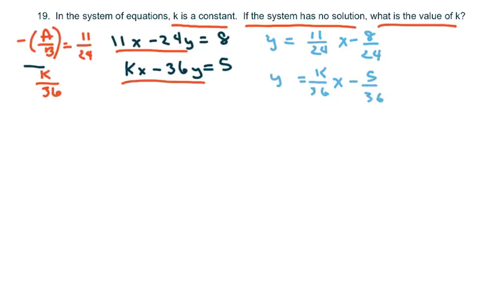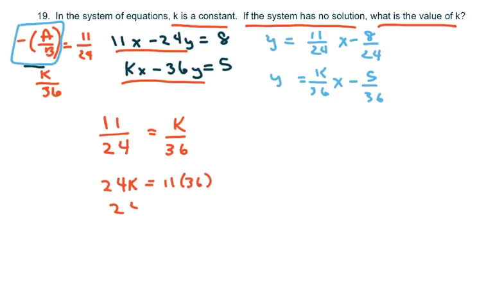If you can remember this formula for the slope of equations in standard form, it makes it easier. Anyway, we want these two slopes to be the same. So I'm going to set them equal and cross multiply. You get 11 over 24 equals k over 36. When you cross multiply, you get 24k equals 11 times 36.